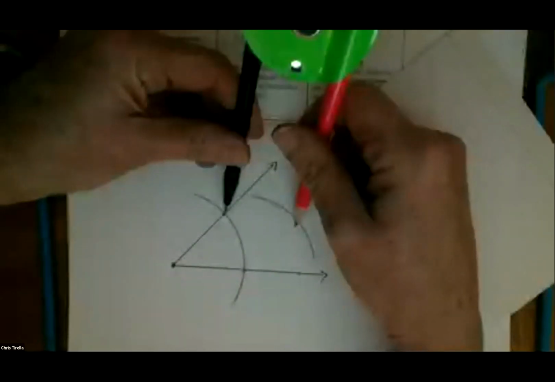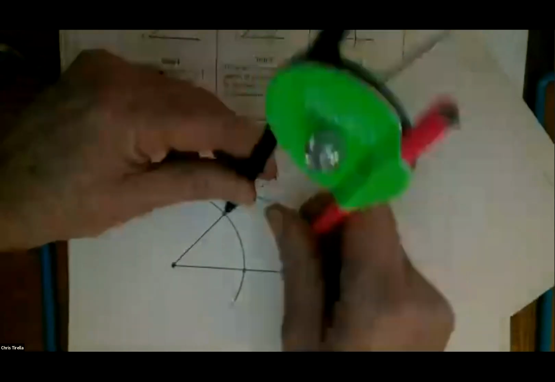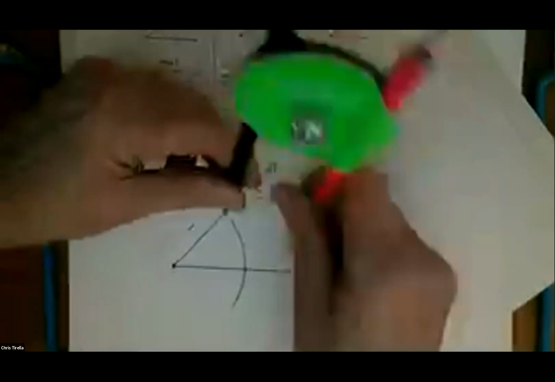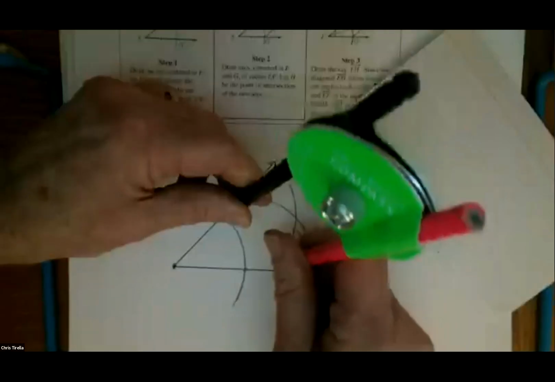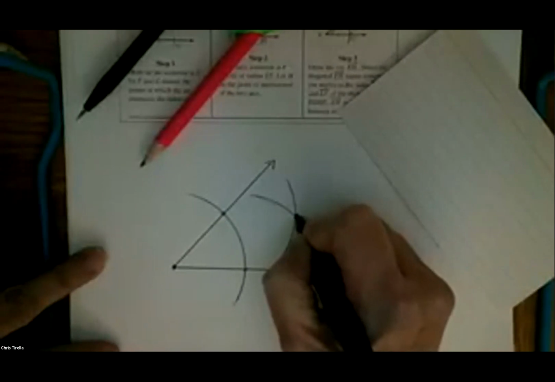Everybody got that one down? Then I'm going to move my point to the other point of intersection and swing that same arc. And when I do that, do you notice that I get my X, my point of intersection?